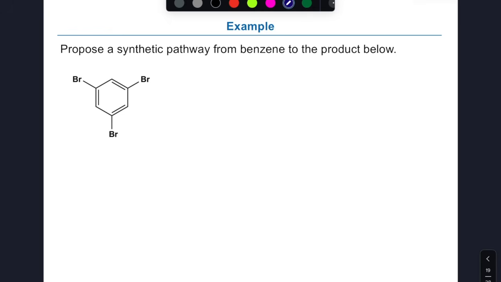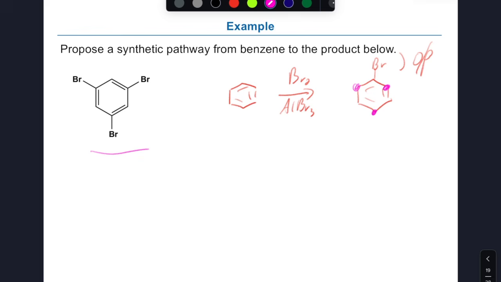But if you remember, once I put one bromine in, this is actually an ortho-para director, which means the next bromine would be adding here, here, or here. That's not the pattern we're going for over here. We would end up where the tribrominated molecule would have a substitution pattern something like this, not this 1,3,5 kind of geometry. So it's not by direct bromination. We've got to try something else.